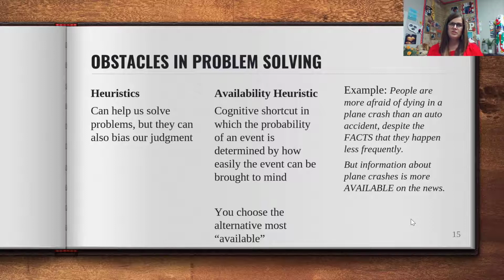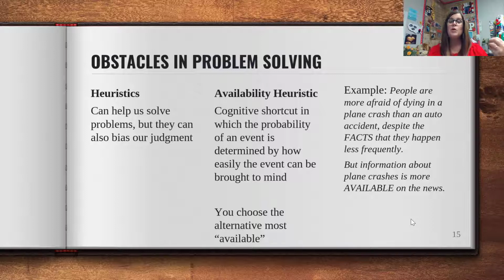So an example of an availability heuristic. People are usually more afraid of dying in a plane crash than they are in a car crash, an auto accident, despite the facts that say plane crashes happen less frequently.